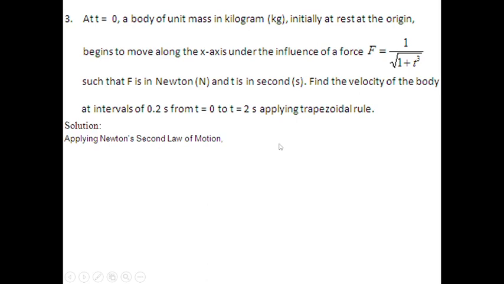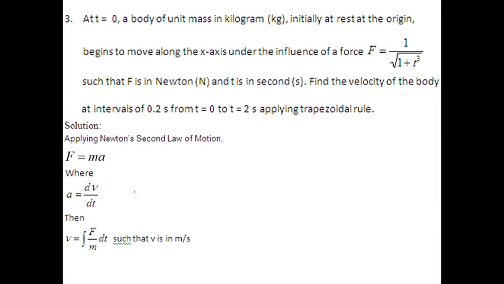So applying Newton's second law of motion, F equals ma, the force is equal to the mass multiplied by the acceleration. Now, this is a lesson in physics where the acceleration is equal to the derivative of the velocity with respect to time. Then the velocity can be obtained using integral calculus.